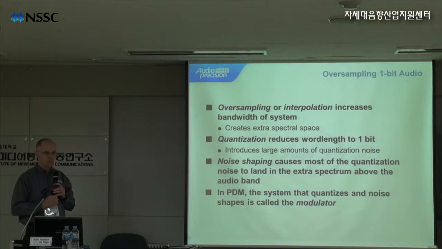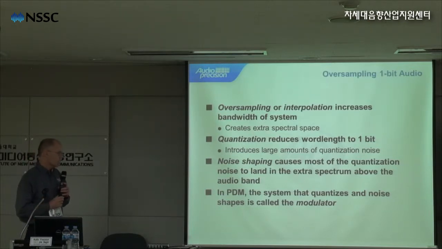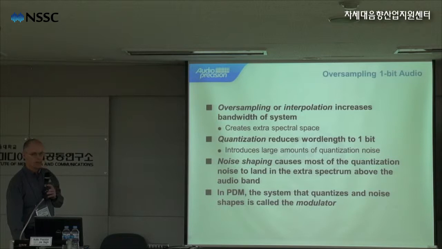So we talked about the increase of the signal-to-noise ratio with the number of bits, and when you only have 1 bit, you get a very high amount of noise. But we can take advantage of a technique called noise shaping, to move most of the quantization noise outside the audio band up to high frequencies where it's not audible. So in PDM, the system that quantizes and noise shapes is called the modulator.